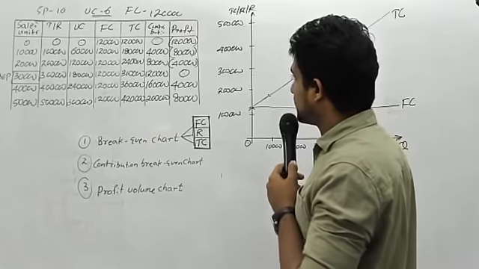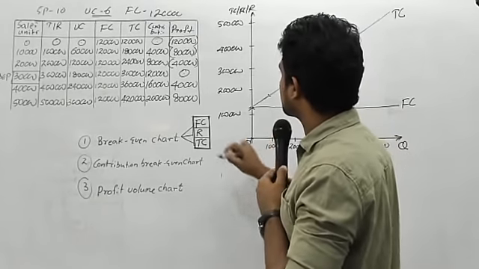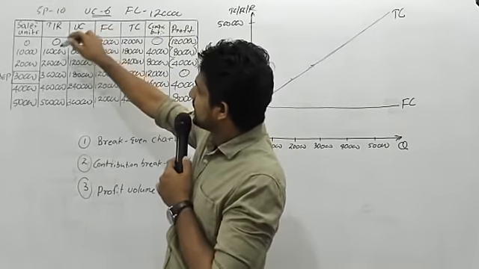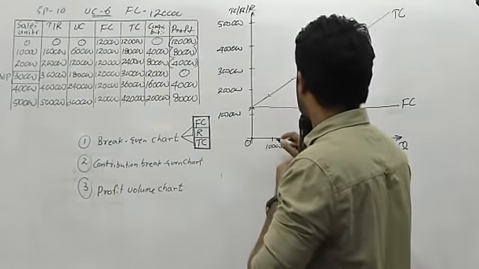Then when you take the revenue at 0, it's 0. Revenue somewhere here. At the 10,000 level, 100,000.